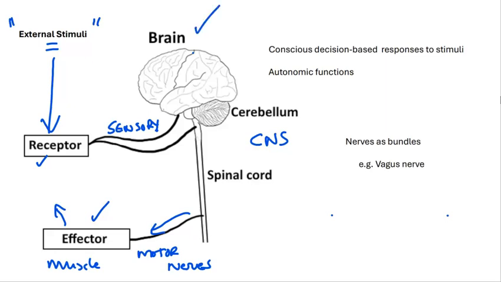Now, the brain is responsible for much of the conscious decision-based response to stimulus. One could imagine the cheetah observing prey and taking the decision to go after that prey in a movement, mobility, which requires a response through the motor nerves.